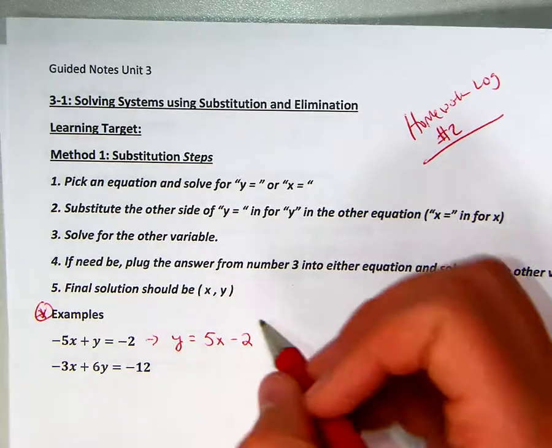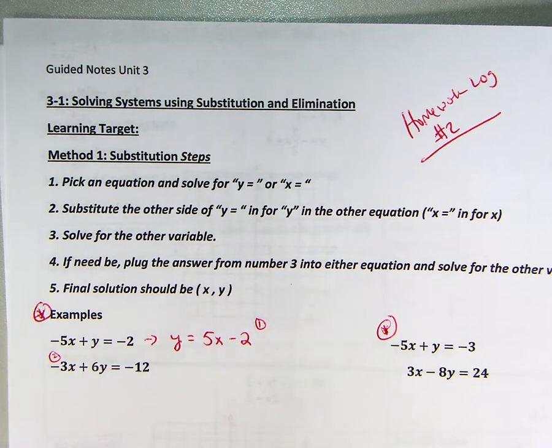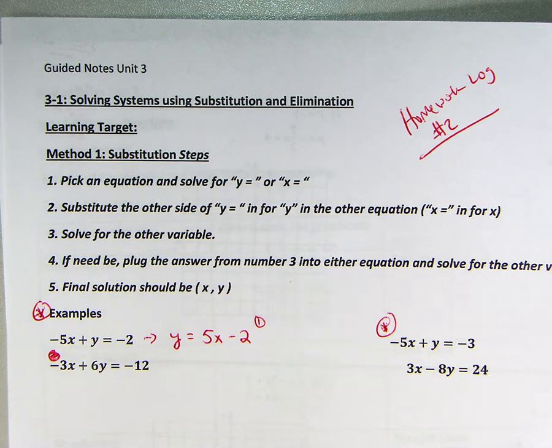And then I have my other one. So there's number 1, and here's my second equation. I don't have to do anything for the second equation because it just says pick any equation and solve for y equals. So here's step 1. Now step 2 says substitute the other side of y equals in for y in the other equation.